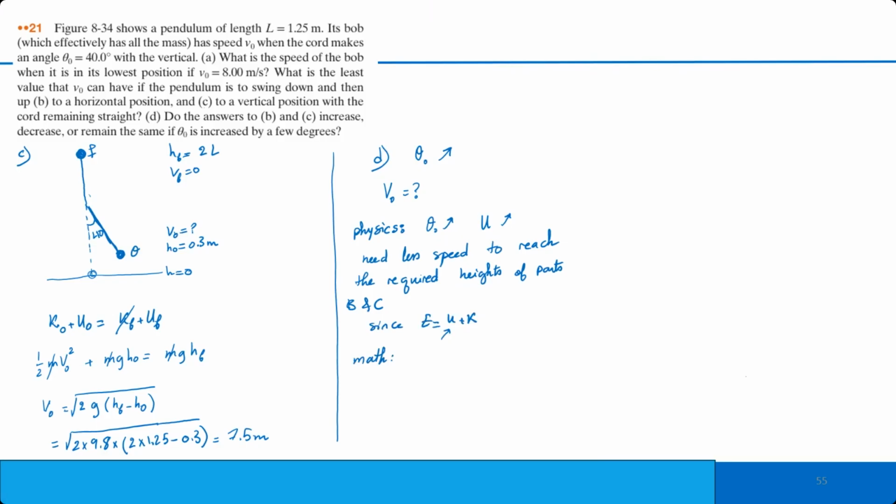So I remind you, what was our formula for V0? It was radical 2g times (H final minus H0). And H0 is the one that had the angle theta embedded in it. Namely, we had radical 2g times (H final minus L times (1 minus cosine theta 0)). This is where we saw the angle.